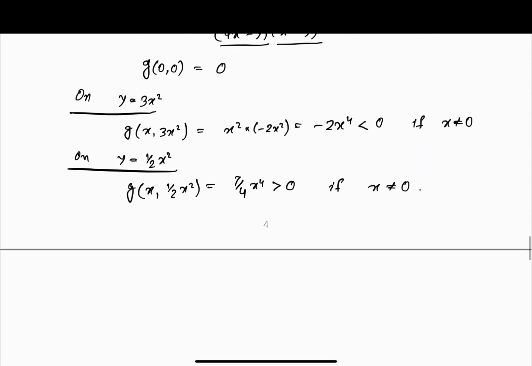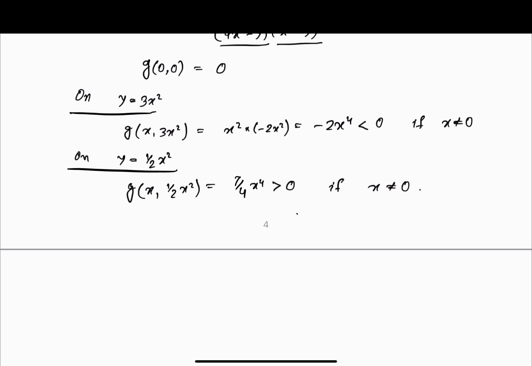So again we see that g(0,0) is 0, and in a neighborhood, if you take x non-zero and very close to 0, then this function changes sign. Along y equals 3x², it takes values less than 0, and along y equals half x², it takes values greater than 0.